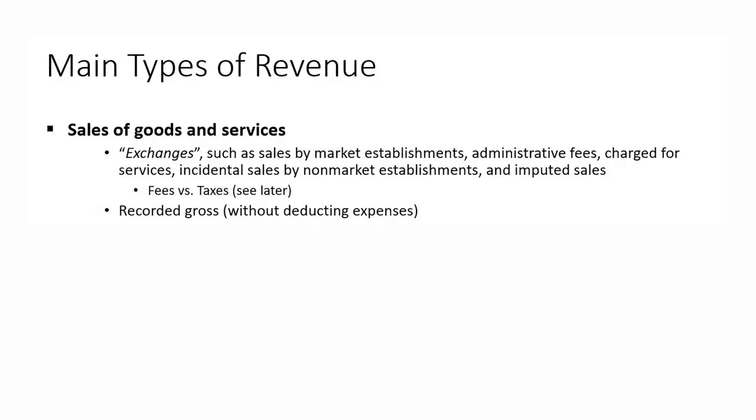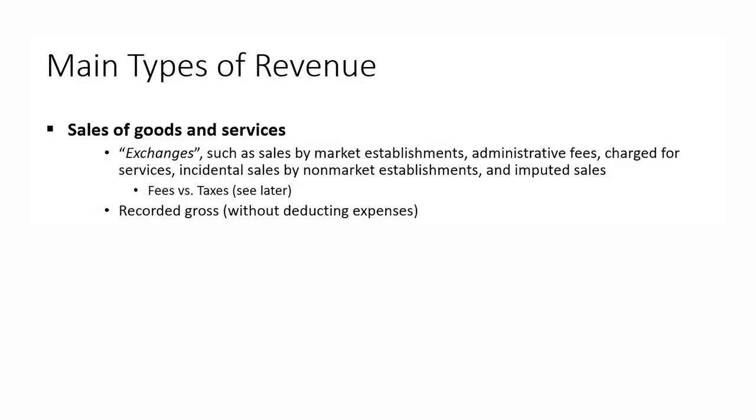There are such exchanges, such as sales by market establishment, administrative fees charged for services, incidental sales by non-market establishment, and imputed sales. We'll later discuss again what is the difference between fees and taxes, and we record the gross value of this. We do not make it net, we record this as gross values.